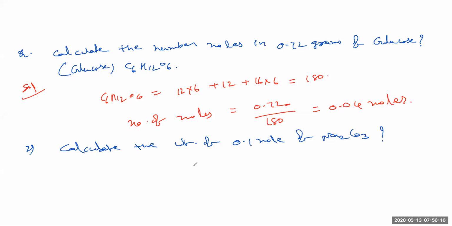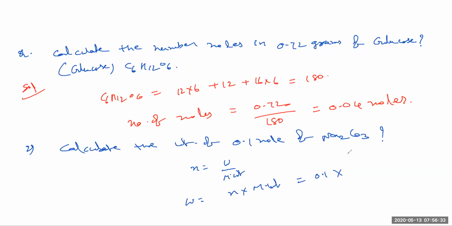Say this. Here, number of moles N is equal to weight by molecular weight, right? But I asked only weight. Weight is equal to number of moles into molecular mass. Number of moles 0.1. And what is the molecular weight?